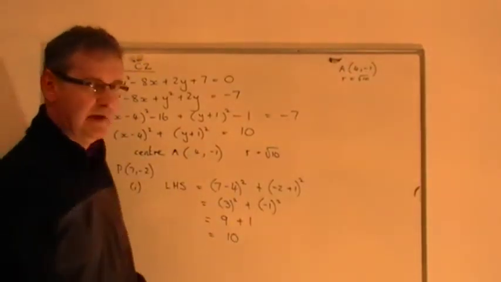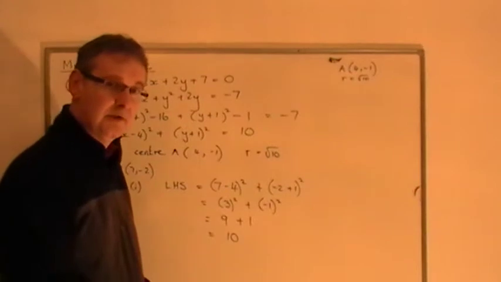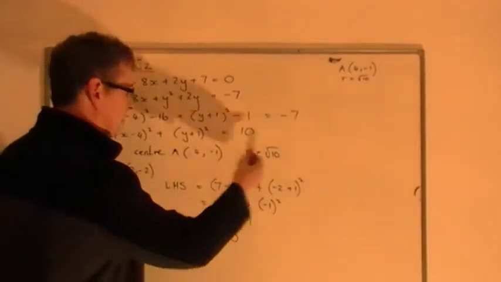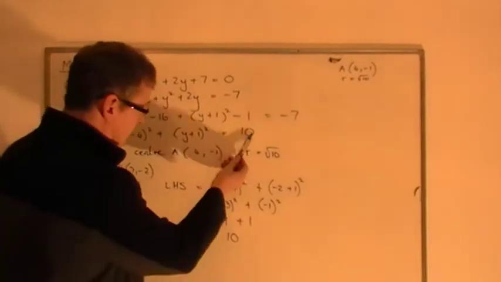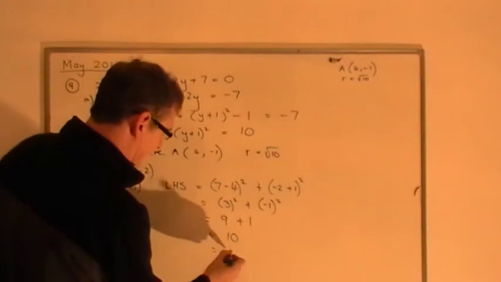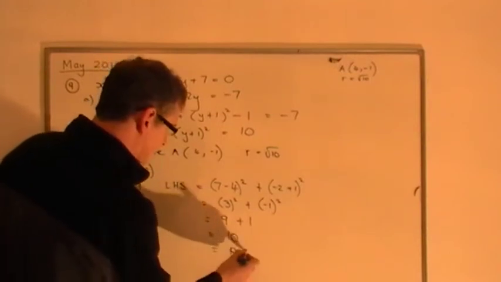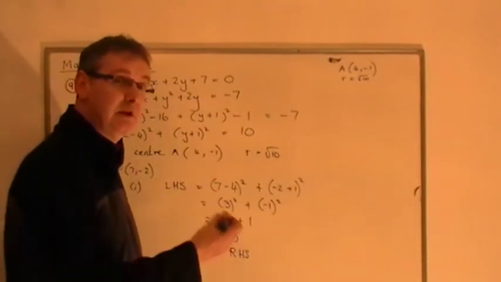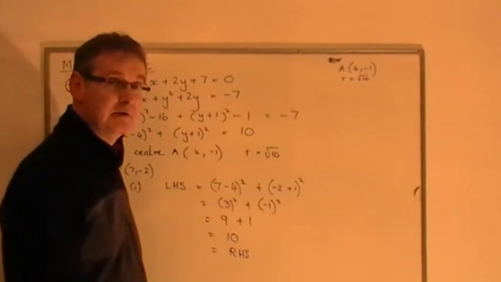So by putting in the value of x and y for the point P, you can see that the left hand side of the equation of the circle is 10. Well, that's exactly what the right hand side is. So you're getting 10 equals 10. So this left hand side is equal to the right hand side. So therefore it must mean that the point P that we're subbing in actually does lie on the circle.